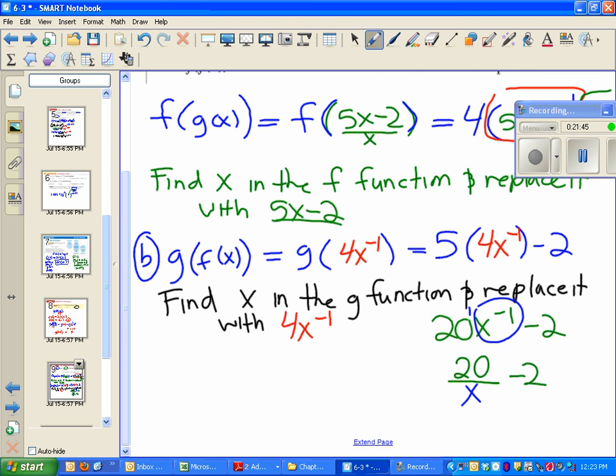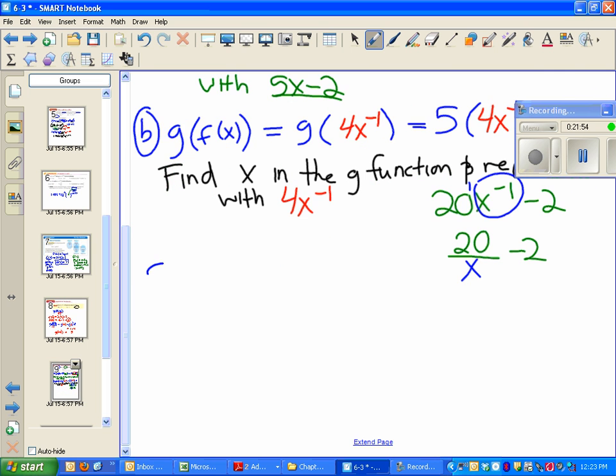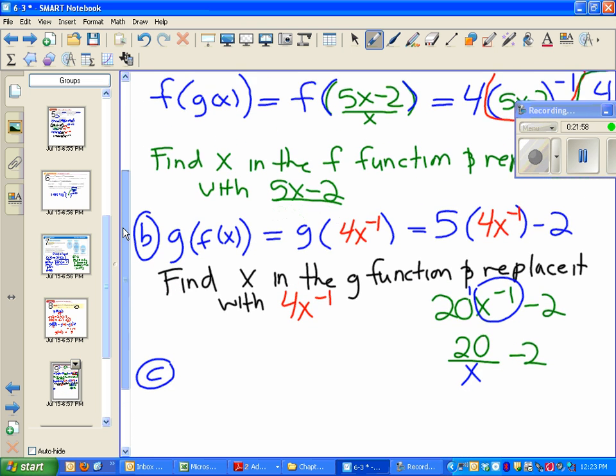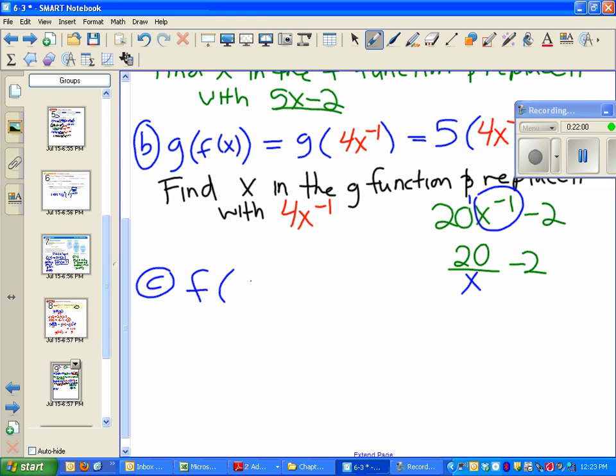Okay. All right, so for part C, it says we're going to do f of f of x.